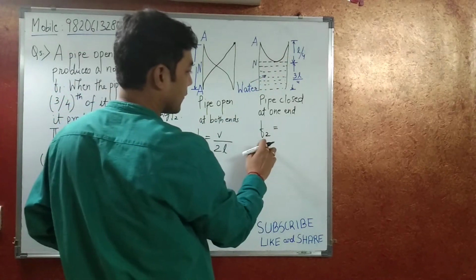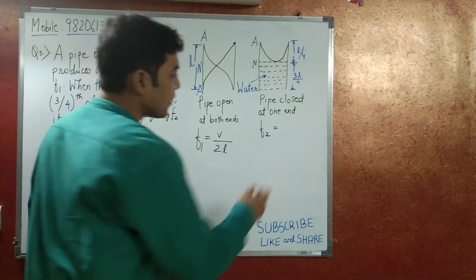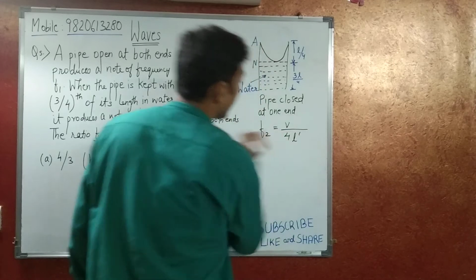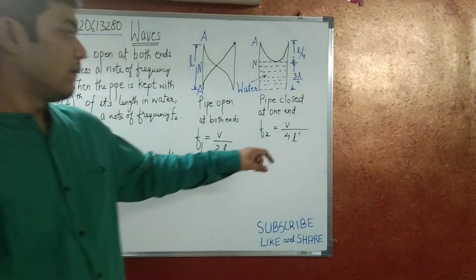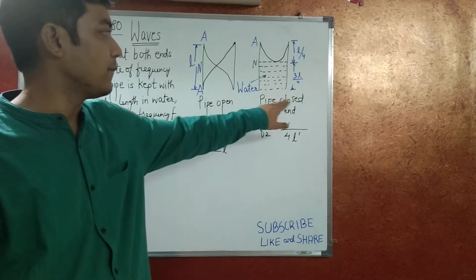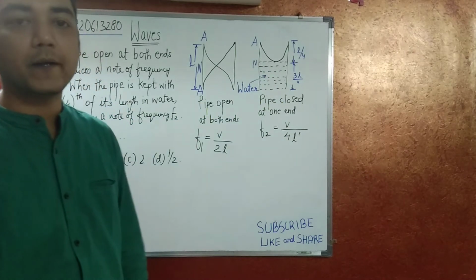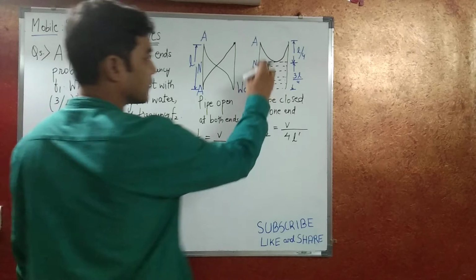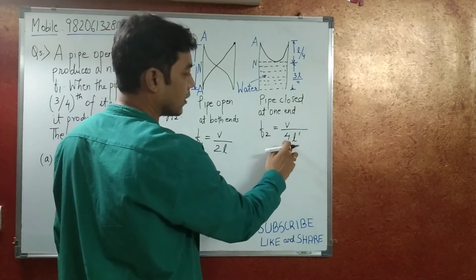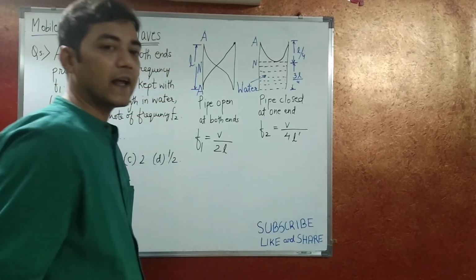So here F2 is equal to V by 4L dash. This is the expression for fundamental frequency in case of a pipe which is closed at one end. Here it is closed over this end. So the fundamental frequency is F2 equal to V upon 4L dash.